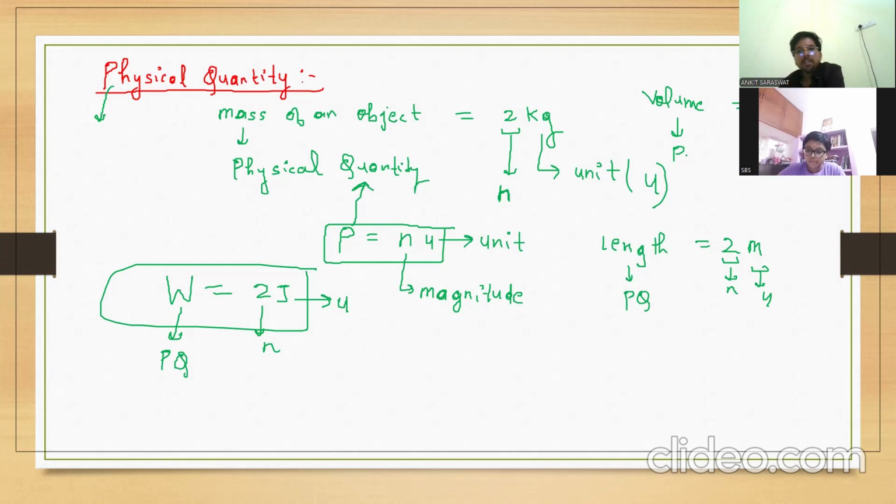But there are various physical quantities which depend not only on magnitude but also on direction. For example, force. If I say force is 2 Newton, then it's wrong. So we have categorized physical quantities into two types.